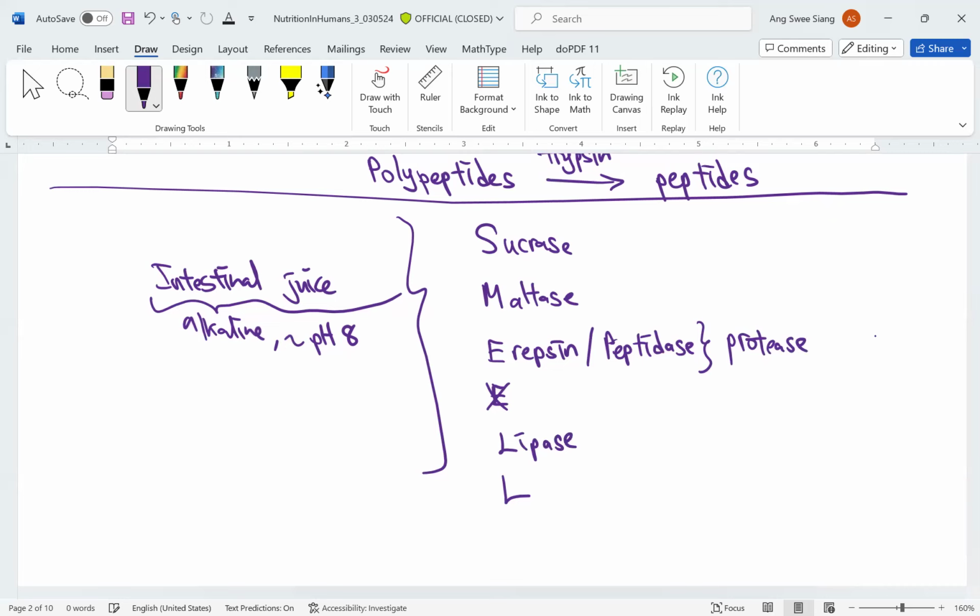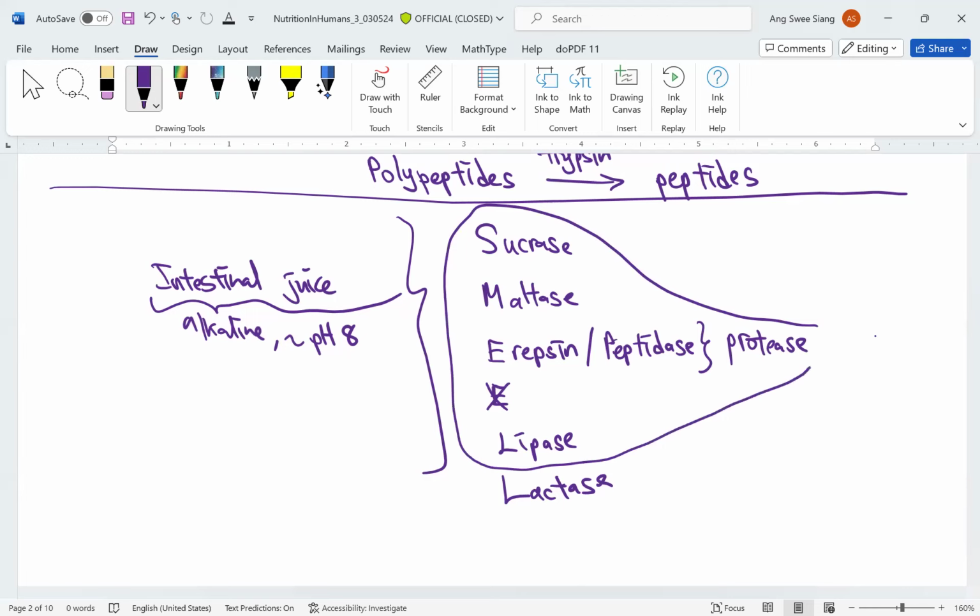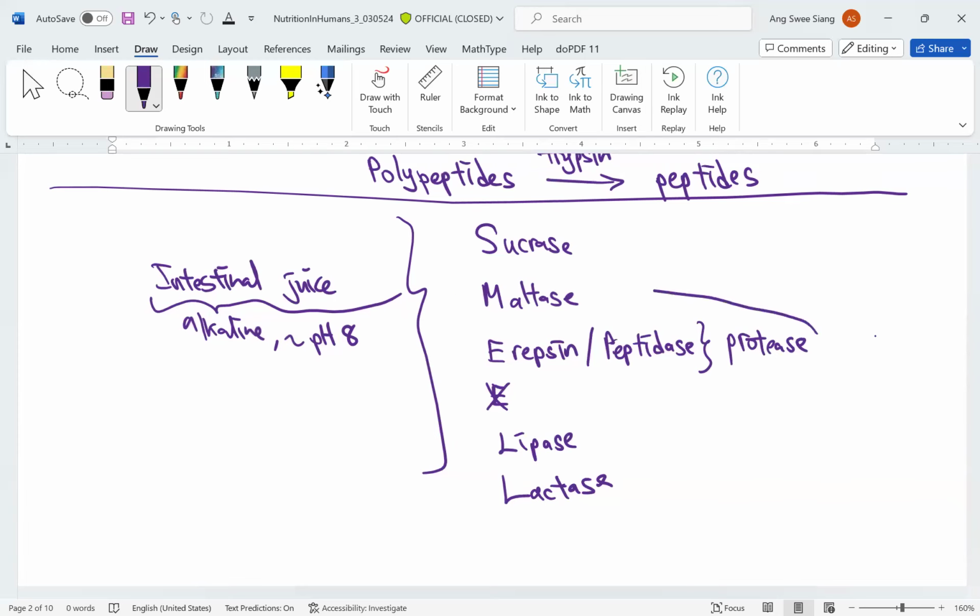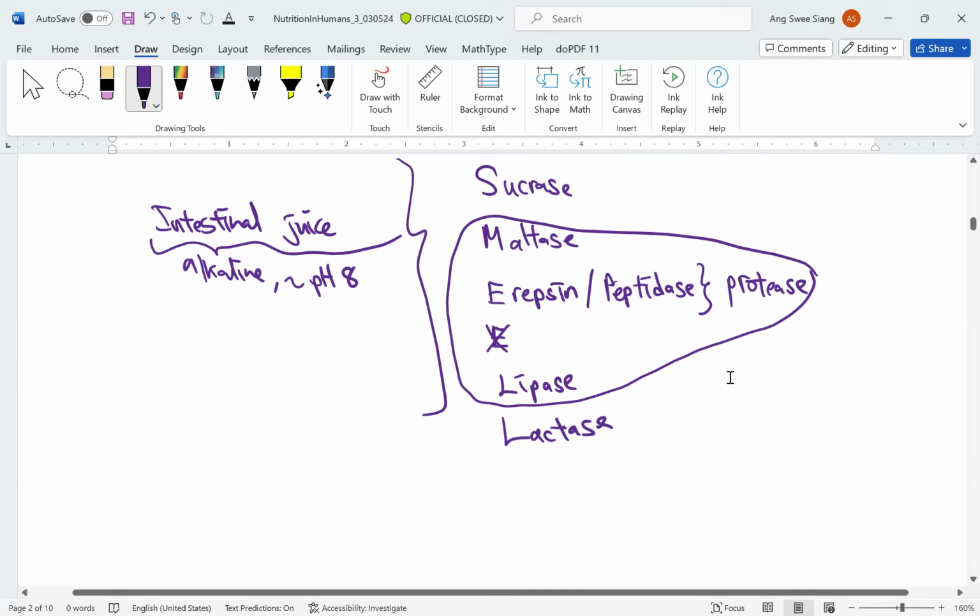The last L is not really in your syllabus, but I will just write it for you, lactase. So for you, you only need to know the first four. Actually, sucrase is also not really required. The middle three are important. So I will just tell you what their function is in general.